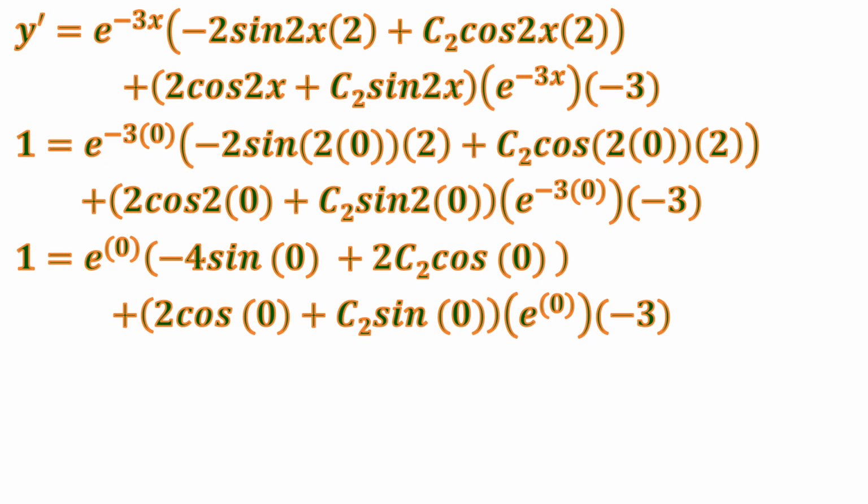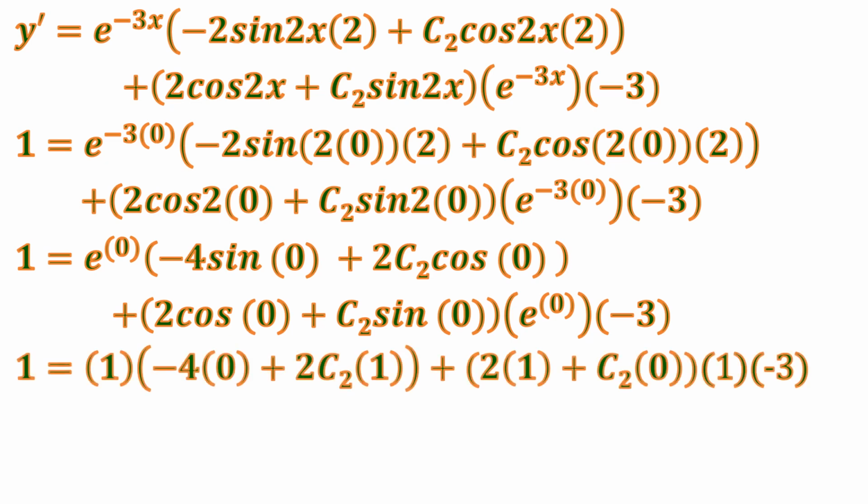Then e raised to the power of 0 is 1, since any number to the power of 0 is 1. Then we change each sine of 0 into 0, and each cosine of 0 into 1.